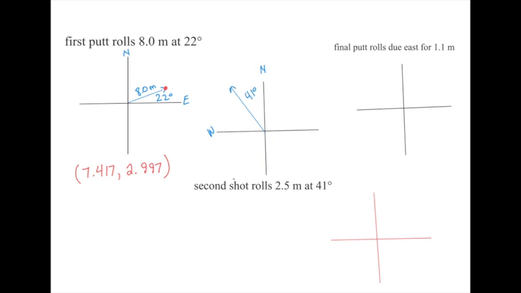What angle am I going to use, though, when I plug this one in? So remember, we are using our reference angle. So we're going to use 49 degrees here. Break that one down into components, X and Y components. A new magnitude of 2.5 meters that you're going to use.